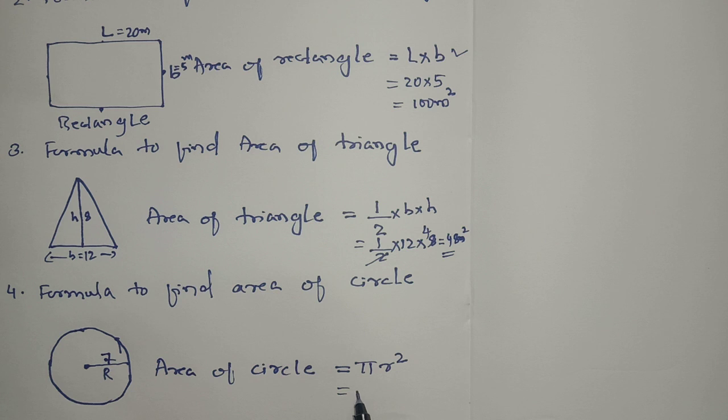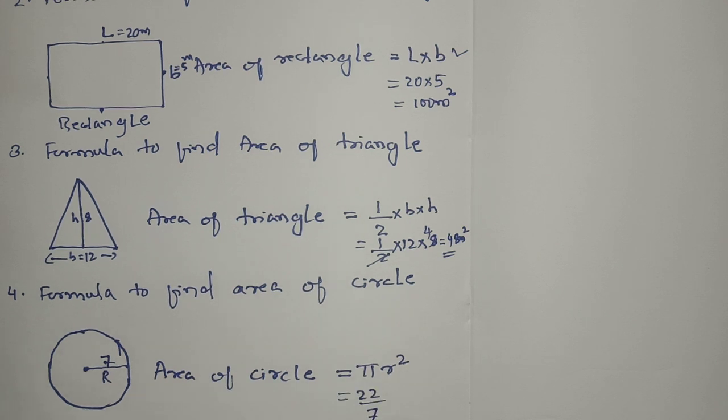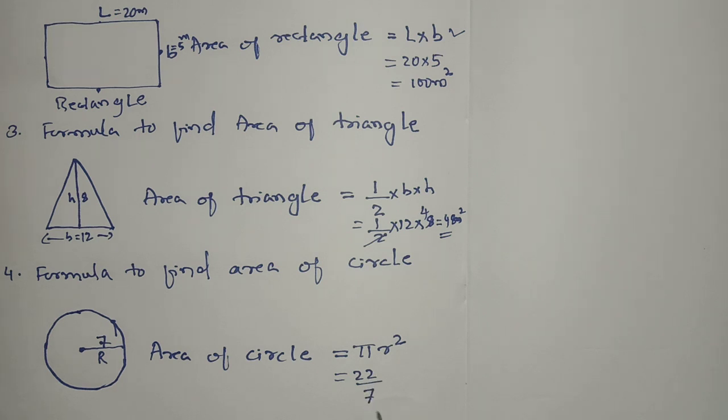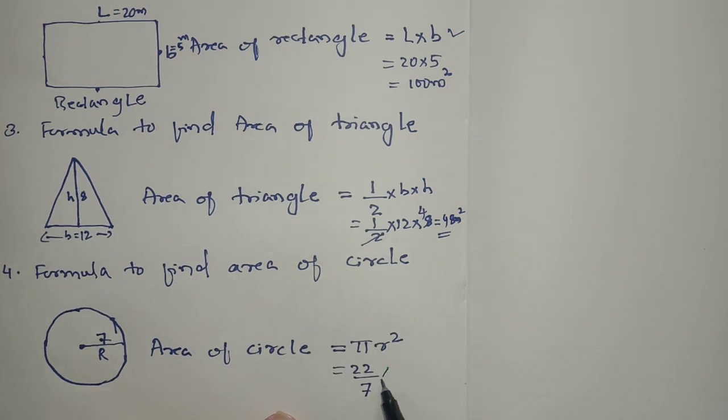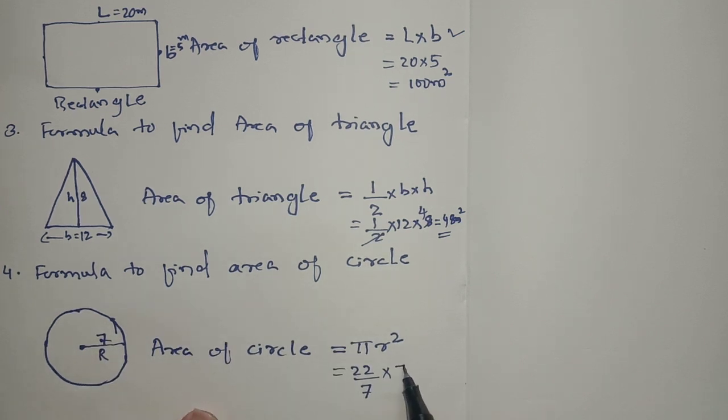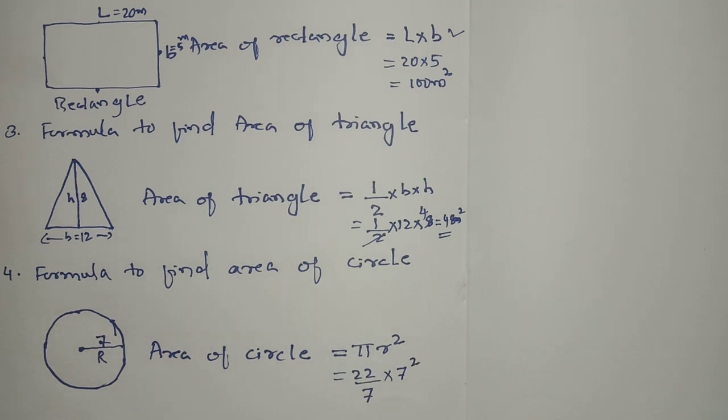Pi value is 22 divided by 7. This is called pi, and its value is, student, 22 divided by 7. Keep in mind. And what is the value of r? What is the value of radius? That is 7. 7 square.